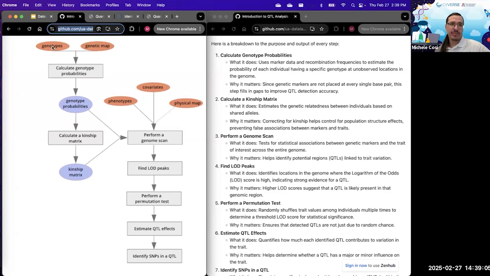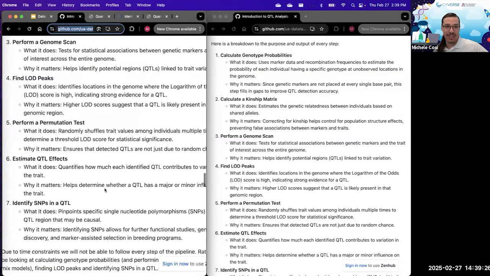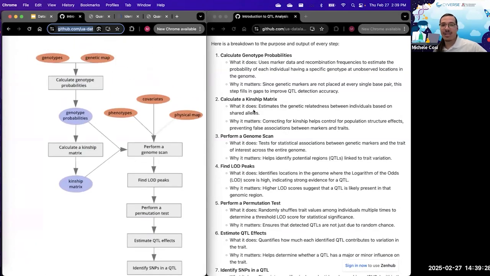So the first thing you do is that you take the genotypes and genetic maps and calculate the genotype probabilities. This uses marker data and recombination frequencies to estimate the probability of each individual having a specific genotype at an observed location in the genome. The notes are just down here, so if you get lost, you can always go down and read. I tried my best to identify what it does and why it matters.